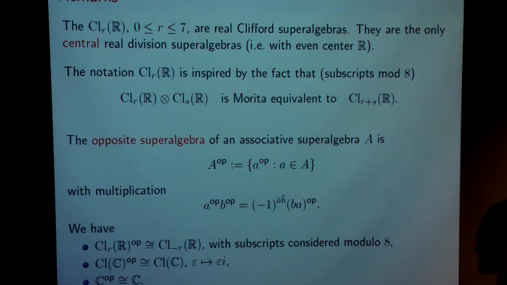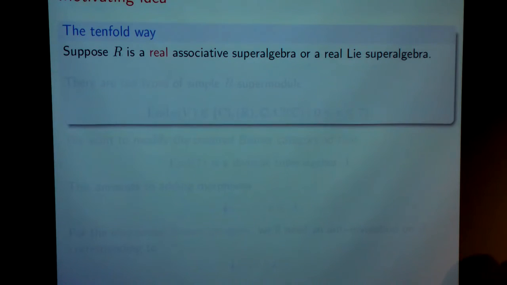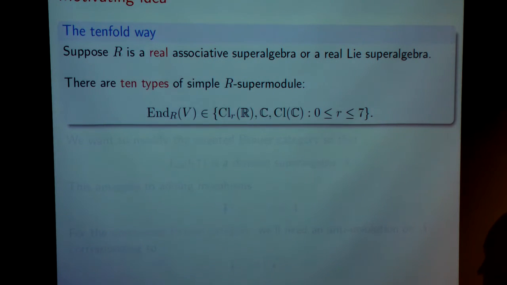For C, that's clear because it's commutative. For the complex Clifford superalgebra, you just check that this map is an anti-involution that sends this algebra to its opposite. So what that means is that if we work over the real numbers in the super world, there are 10 types of simple module, because the endomorphism superalgebra can be one of these 10 division superalgebras.